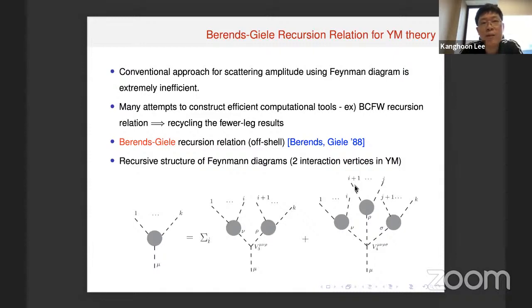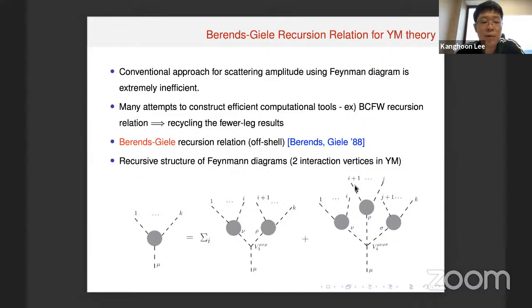It's well known that if we compute, for example, a 10-particle tree-level amplitude, we have to compute more than 10 million diagrams, so it is impossible to use the conventional technique.